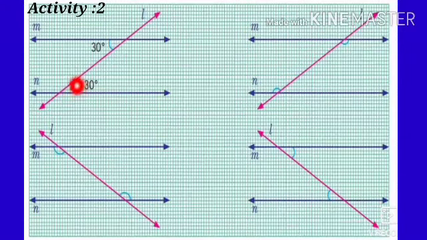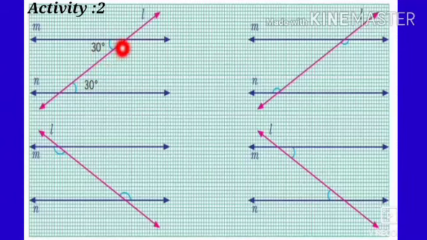And here also the same thing. These two angles are linear pair of angles and this measures 30 degree. The remaining is subtracted from 180 degree, that is 180 minus 30 gives 150, which is the measurement of this angle.